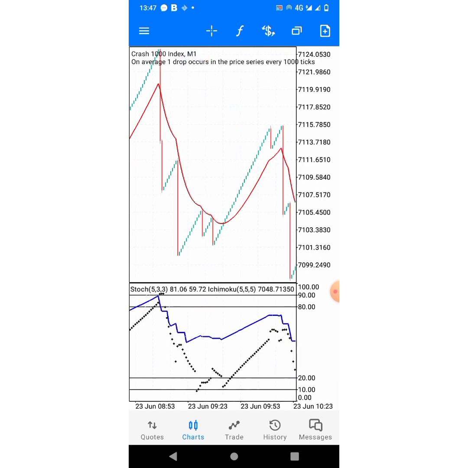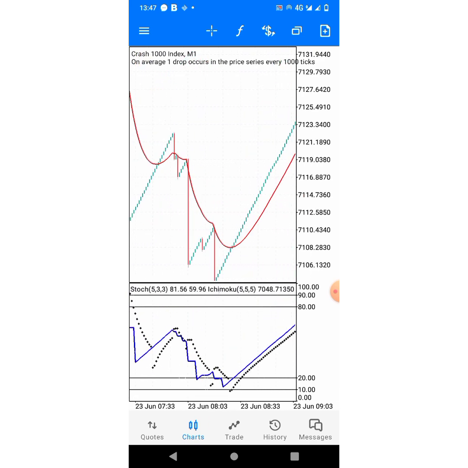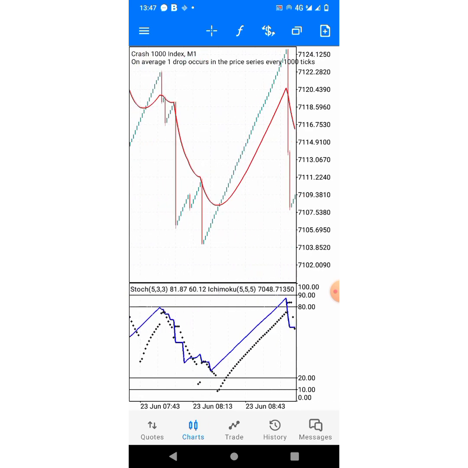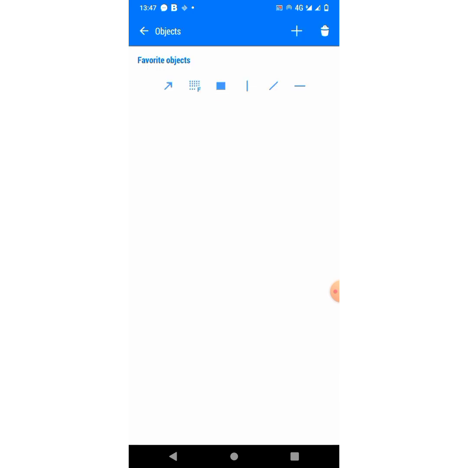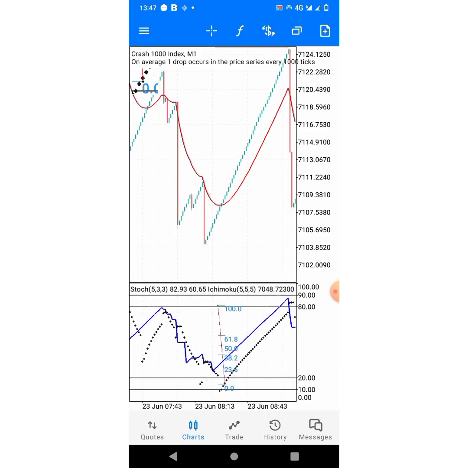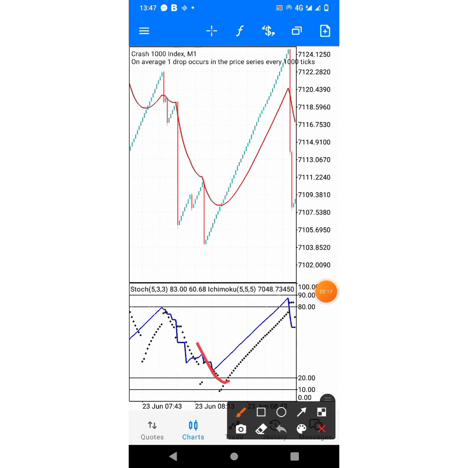But that aside, now let me show you how this strategy actually works. For the strategy, you use the second zoom level. You wait for the parabolic SAR and the Ichimoku to get to the buy zone, which is below here.